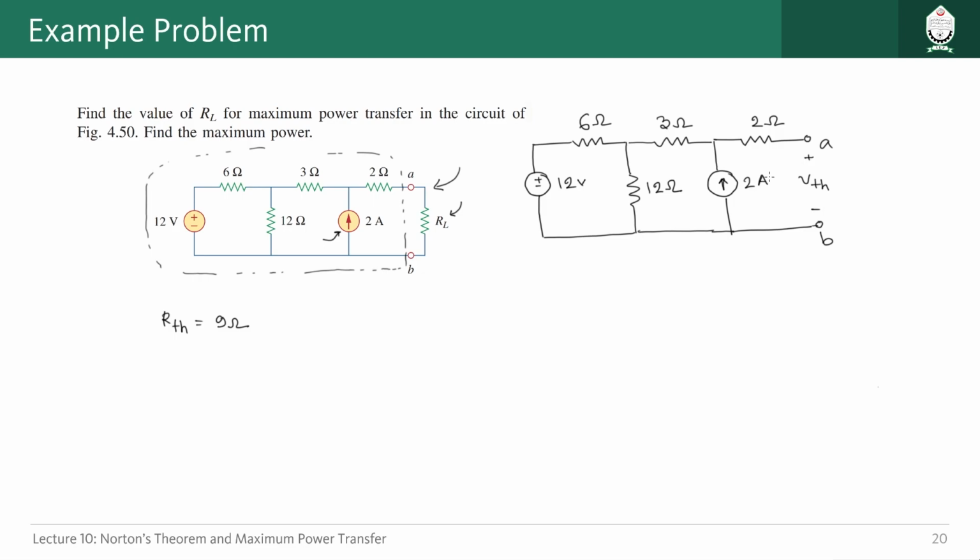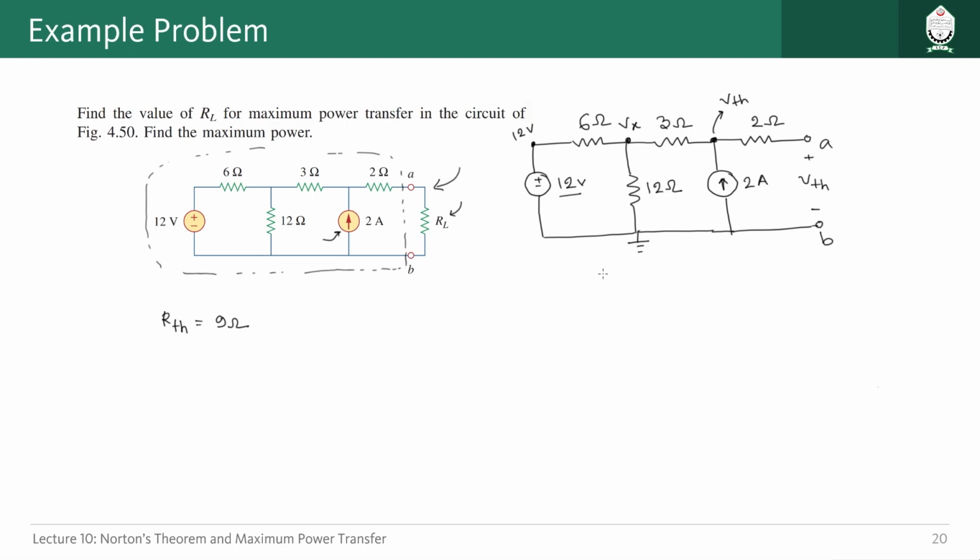Here we will apply nodal analysis. We have different nodes here. Particularly, let us take this one as the reference node. Let us call this node Vx. We already know the value of this one, which is 12 volt. Because of this, and this node can be called VTH, right?